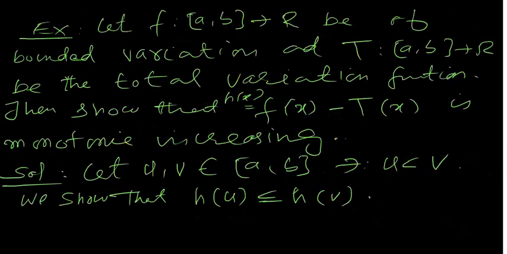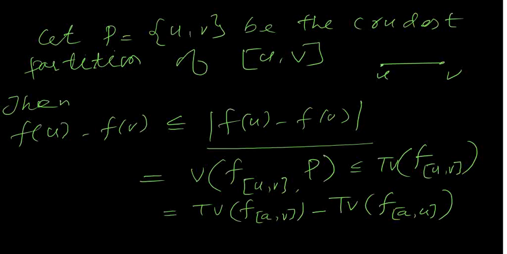This is what I'm using: total variation over uv is equal to total variation over av minus total variation over au.